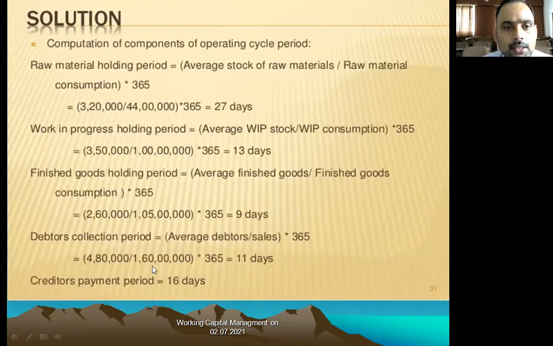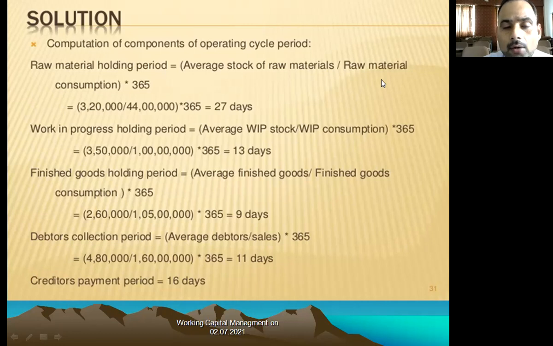See, the computation of the components of the operating cycle period. First, the raw material holding period equals average raw materials divided by raw material consumption, multiplied by 365 days. So 3 lakhs 20,000 divided by 44 lakhs, and this will be 27 days.